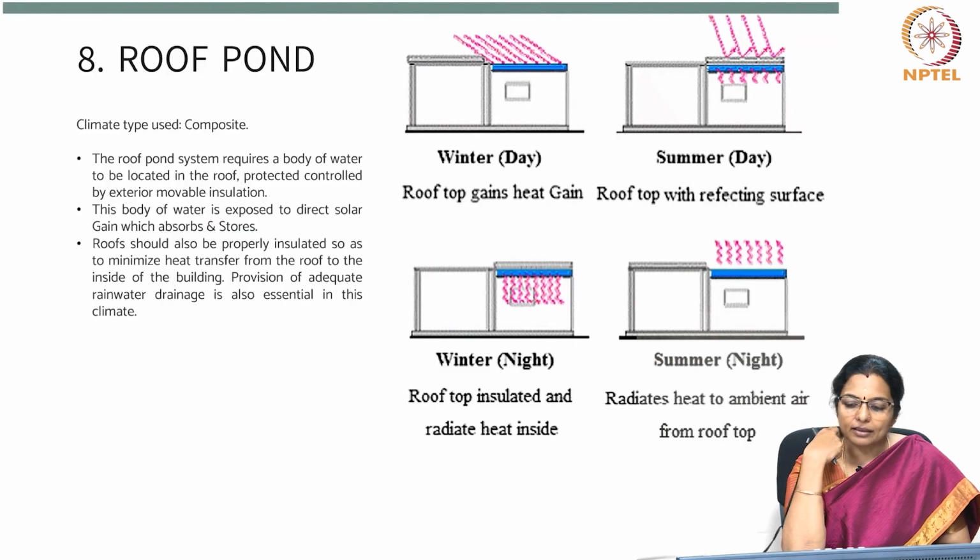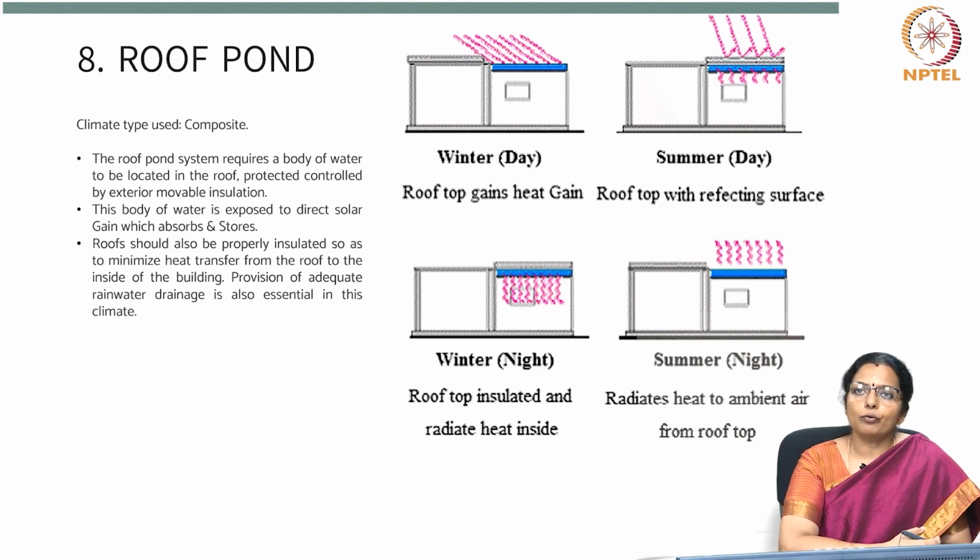So, here we will see the roof pond strategy. The roof pond system requires a body of water to be located on the roof. This is protected and controlled by movable covers or insulation.